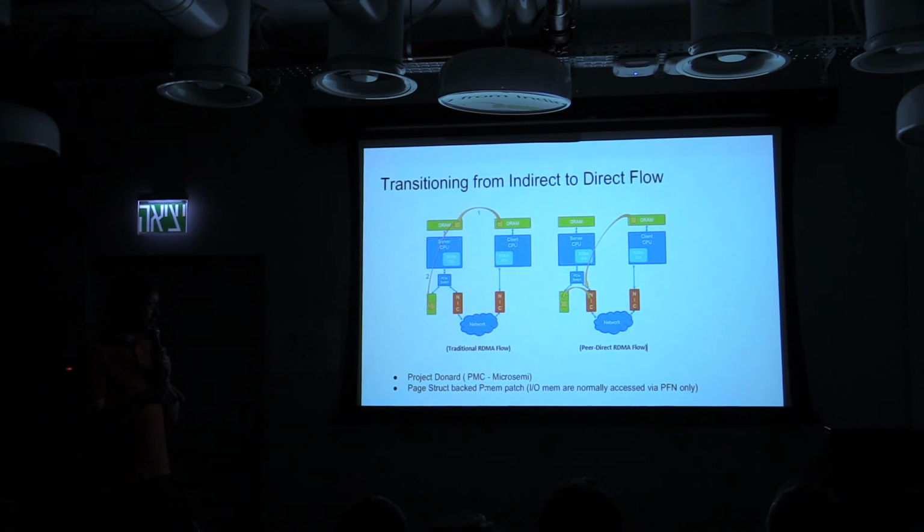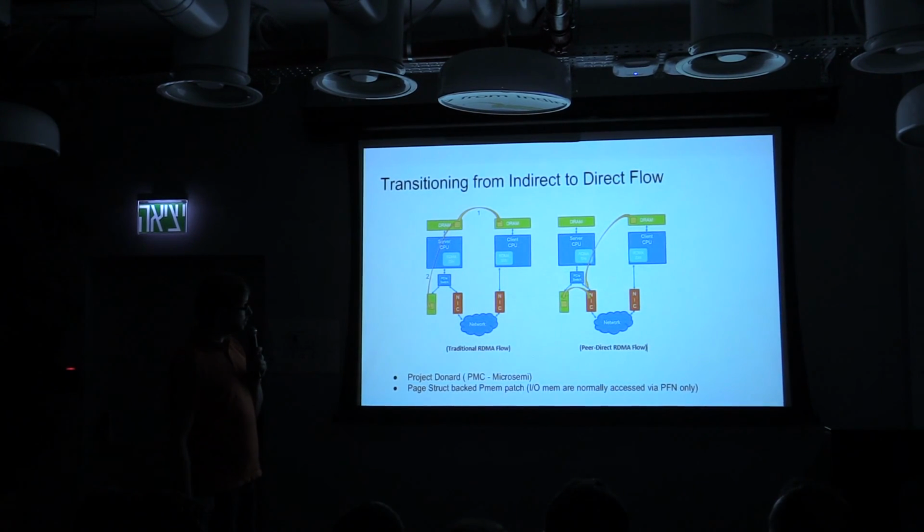A project from PMC, now Microsoft, allows you to do PCI to PCI access, and also NVDIMM. Then there are the patch sets from March 2016. That was an RFC that allows you to back the PMEM I/O memory with page structs, which allows you to do the whole RDMA mapping and then do the RDMA.